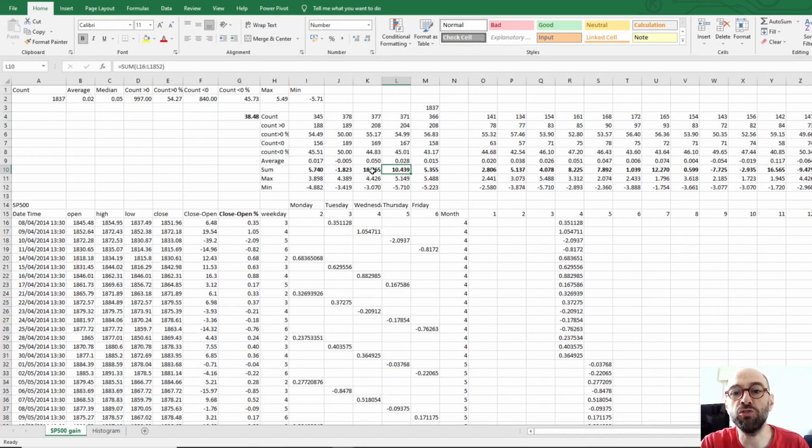So just these two days together represent altogether 29% of the total gains. I mean, that's well more than two thirds. So if you would just stay in the market on Wednesdays and Thursdays, you would be making most of the gains for this particular data set.